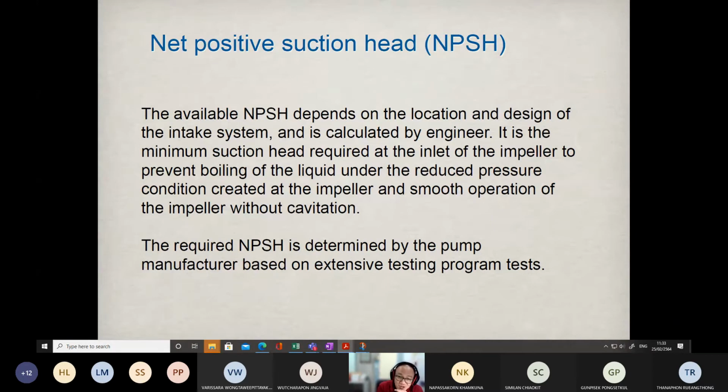So if the NPSH is smaller than the required, what will happen? There will be an issue inside the casing during operation.